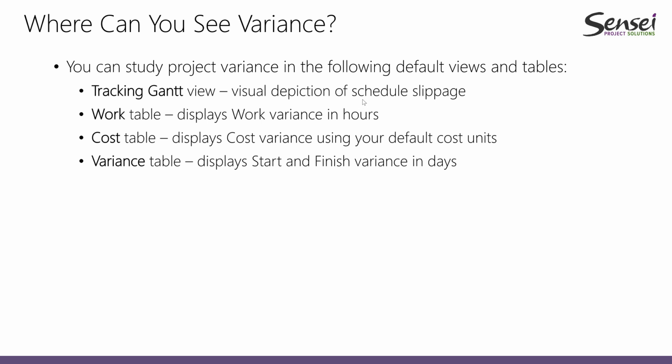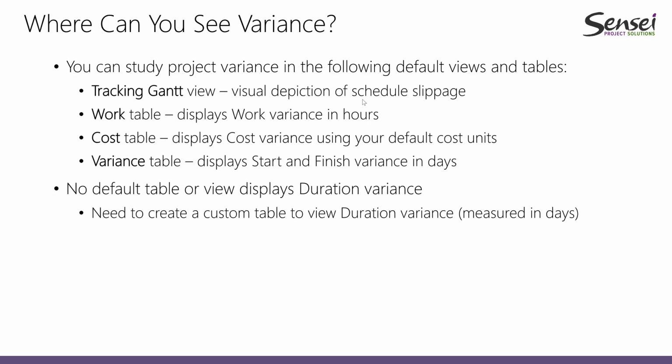Then we have the work table, we have the cost table. The work table is where we can see the variances for work. The cost table is where we can see the variances for cost. And also we have a variance table, which is an out-of-the-box table that allows us to display start and finish variances. So basically it focuses on schedule instead of work and cost. For work and cost, we do have their own tables, but if we are focusing on dates, we can look at the variance table.